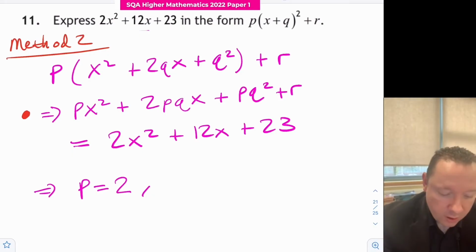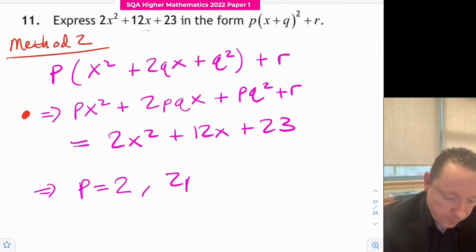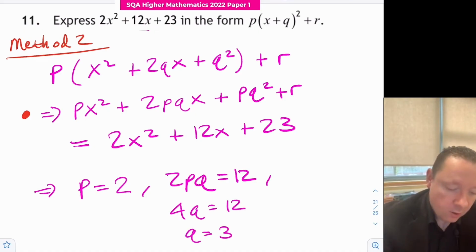And similarly, the coefficient of x in the first is 2pq, and that equals 12. But we can immediately work out, since p is 2, that means that 4q equals 12, and q equals 3. And finally, we can see that pq squared plus r, the constant, equals 23.